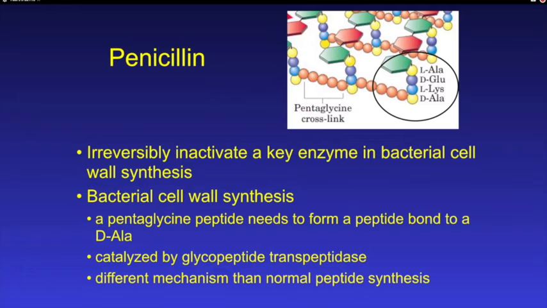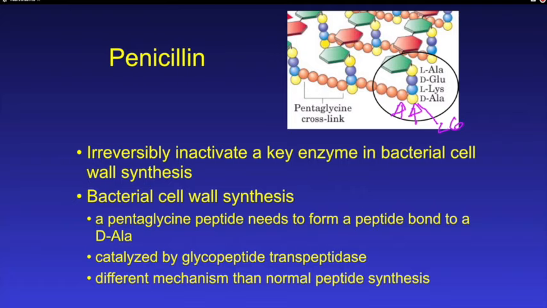Now, there's going to be a reaction, an enzyme that will cause this glycine of the pentaglycine and this alanine to bond together. And so an enzyme is going to facilitate making that connection. Before that connection, there's going to be a leaving group, one more amino acid attached to the D-alanine at the end.